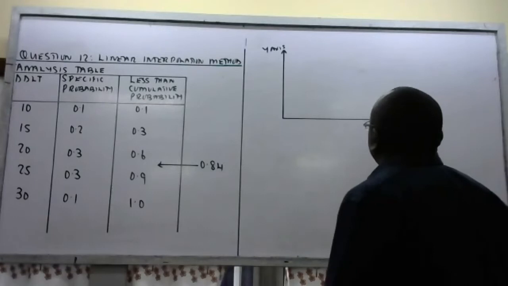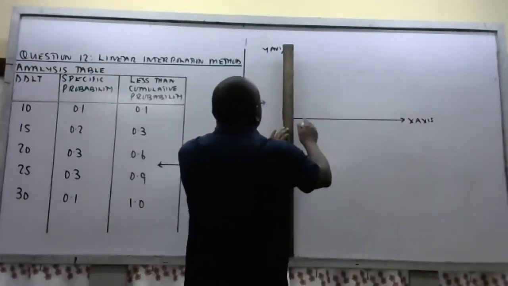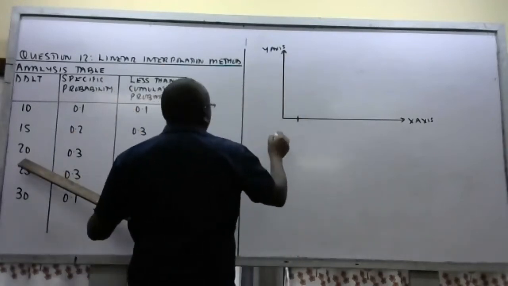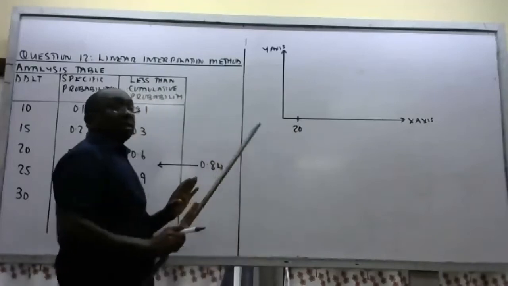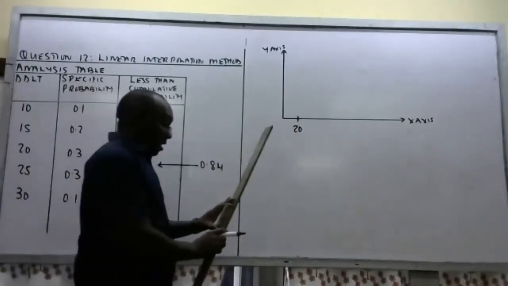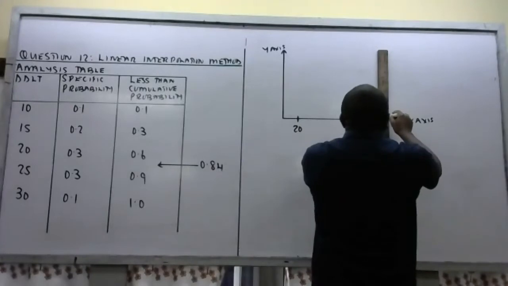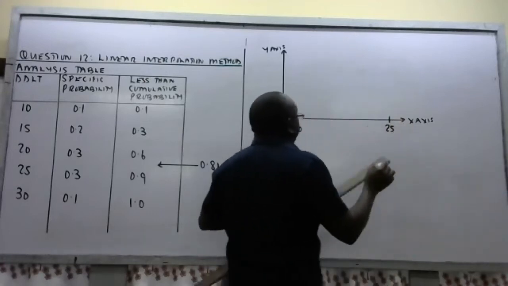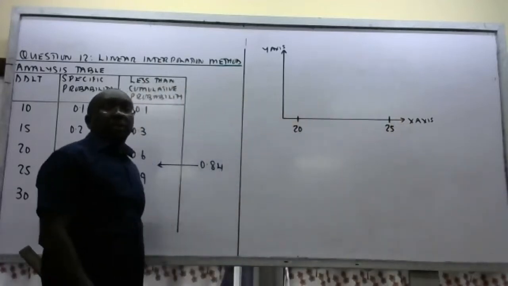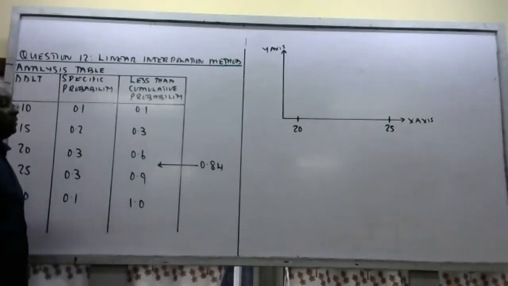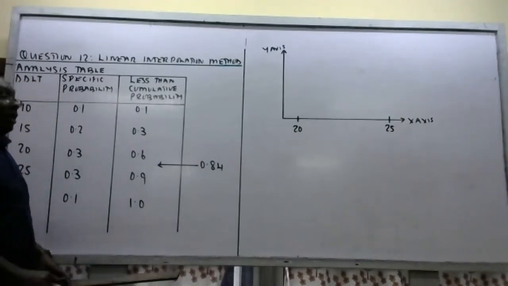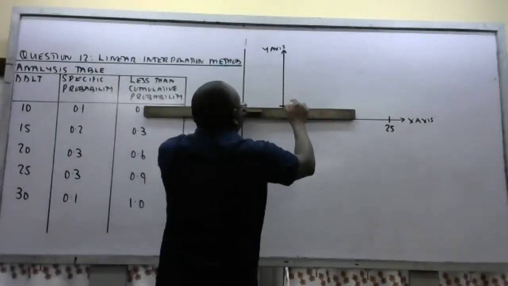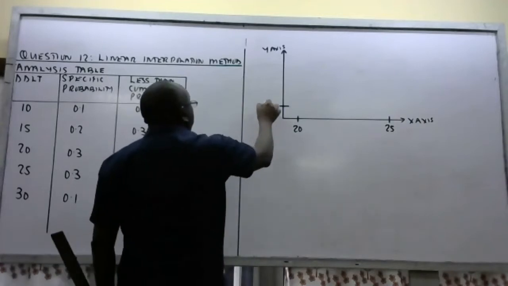So the next thing, somewhere here close to the end, mark and call it 20. And somewhere here close to the end, you mark and call it 25. Then somewhere here on this side, close to the start, you mark and call it 0.6.